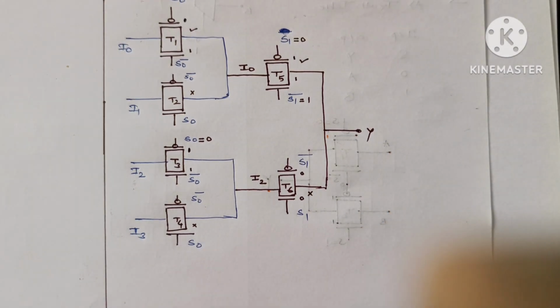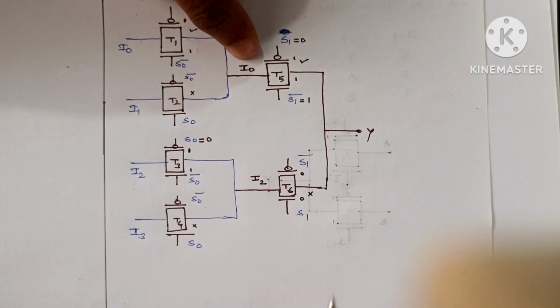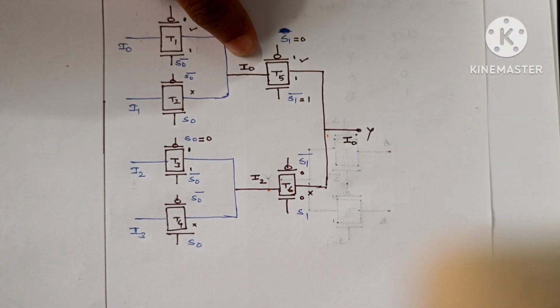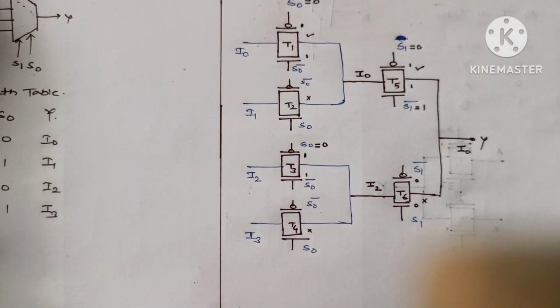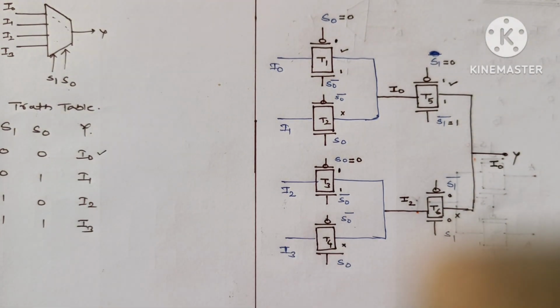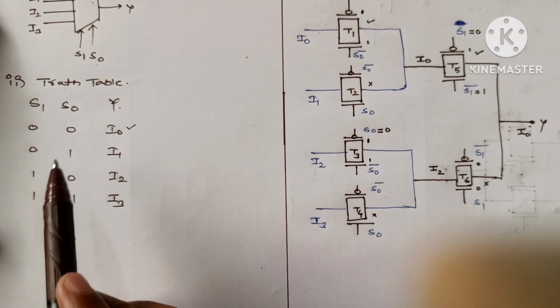So when S1 is equal to 0, T5 is turned on. Because of that, I0 will come across the output as Y. So as per the truth table, when both the select lines are 0 0, output is connected with I0. That has been proved.